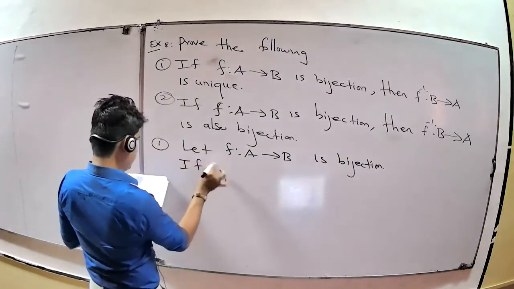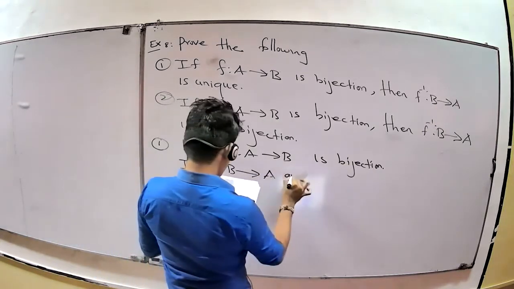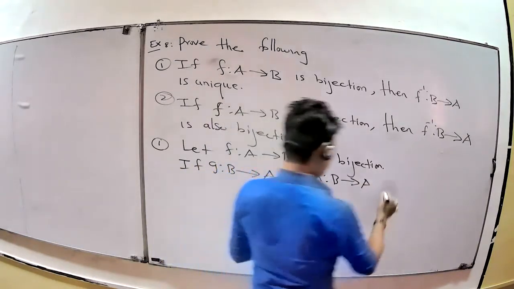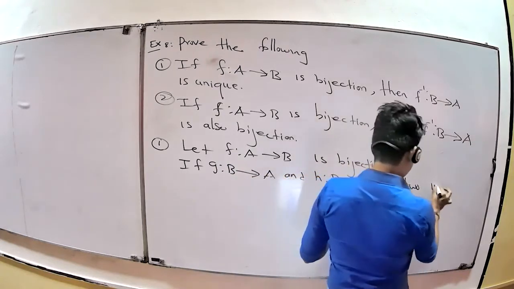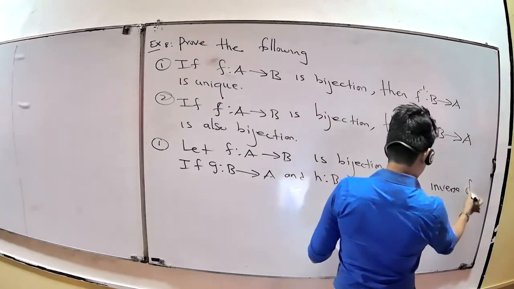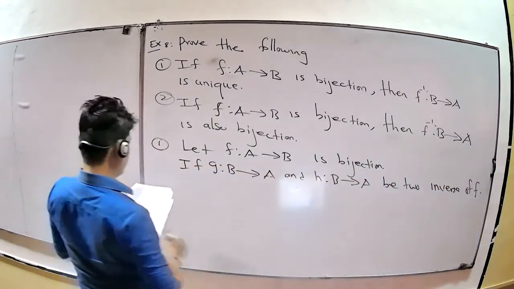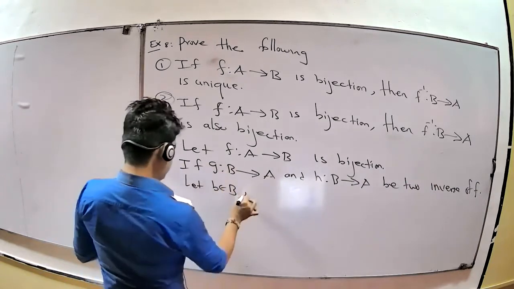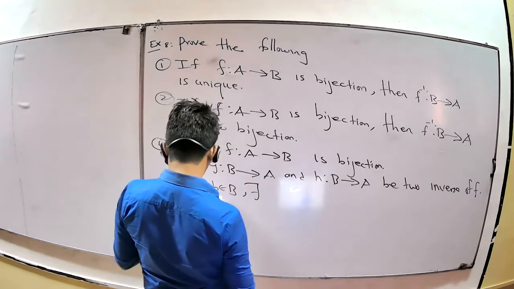Let g from B to A and h another from B to A be two inverses of f. Now let b belong to B.